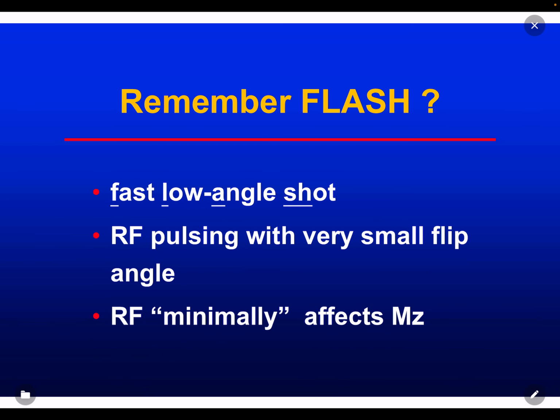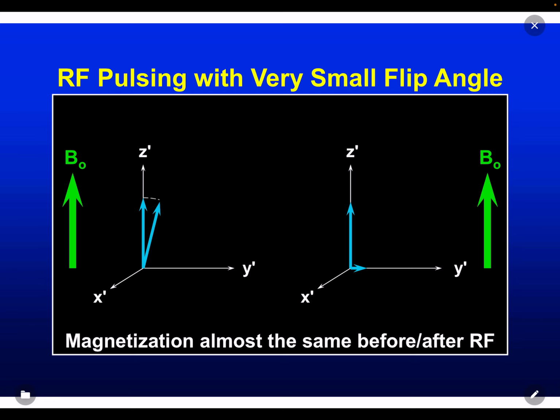So what is the Look-Locker method? Remember FLASH, fast low angle shot. We use an RF pulse with a very small flip angle, and it minimally affects Mz. So we use a very small flip angle, and the magnetization is almost the same before and after the RF pulse.